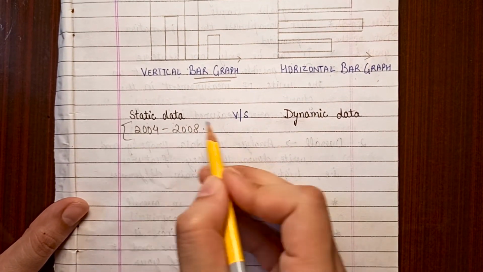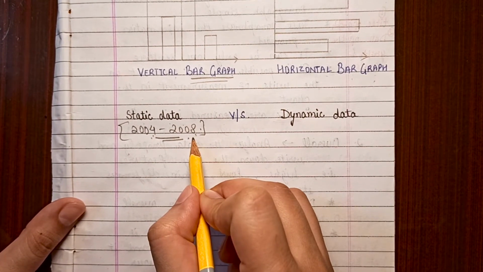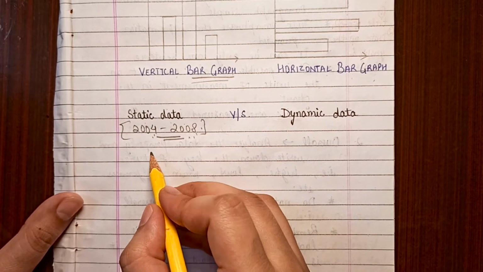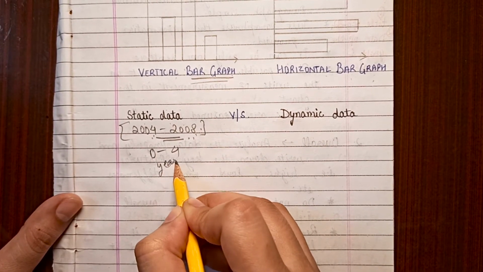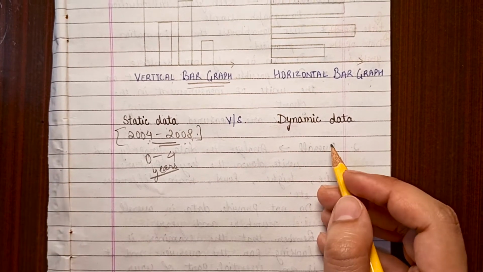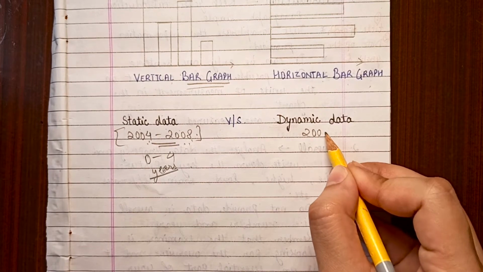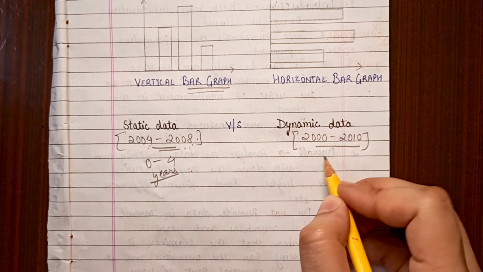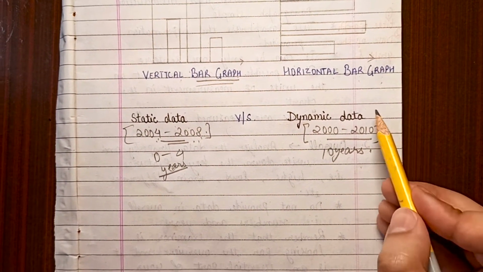So this will be considered as the static data because there is very less difference between both the years. You can consider the static data up to 0 to 4 years, right? If there is more difference between the years, for example, it is provided for 2000 and it is provided for 2010. There is a difference of 10 years, so you will consider it as dynamic data.